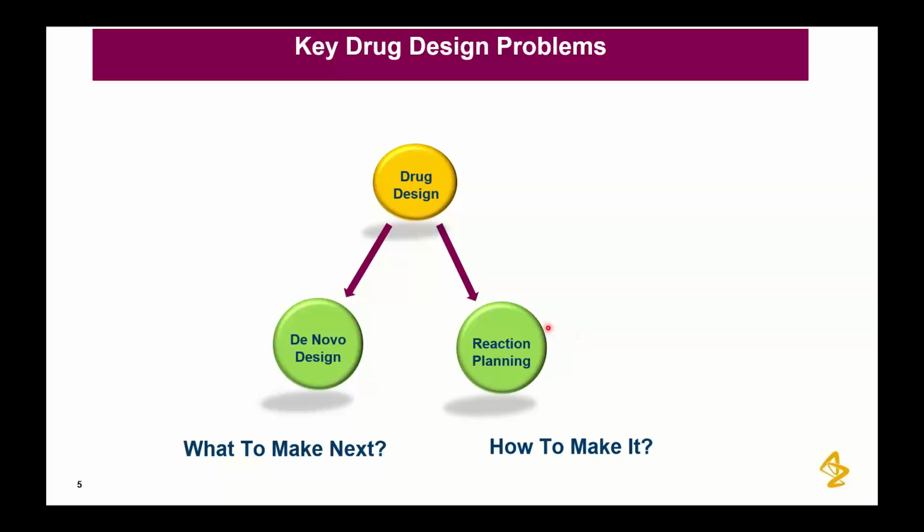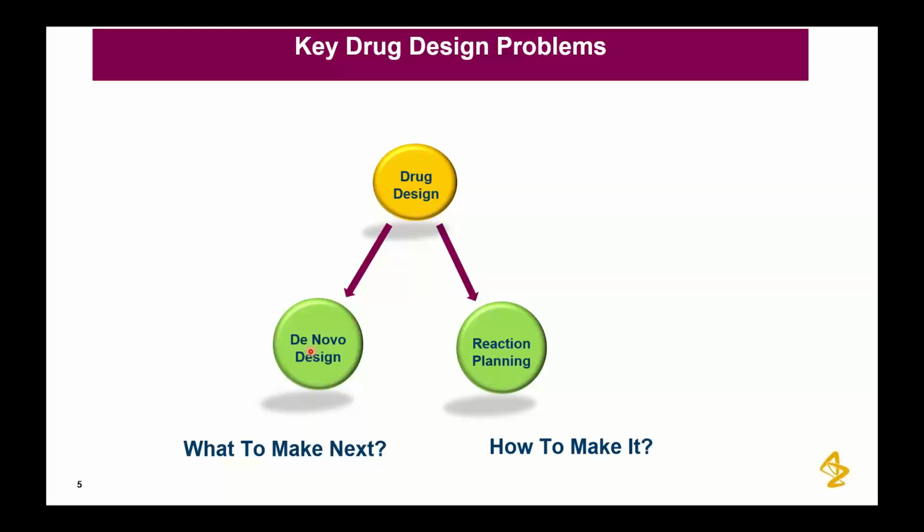So I'm going to leave that out, but it's roughly about retrosynthetic planning or condition prediction, or helping the medicinal chemists in various ways to plan how to make the compounds that are proposed from the de novo design tools.